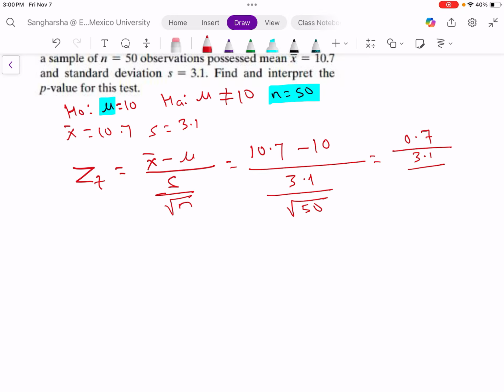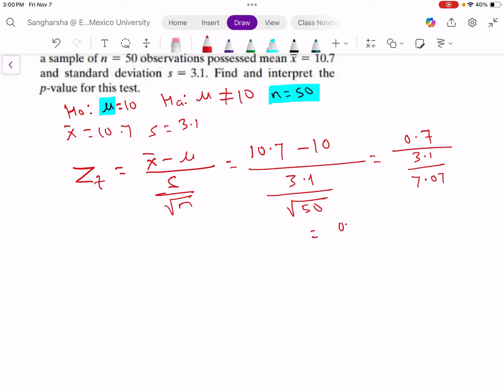Okay, let's find the square root of 50. That is 7.07.